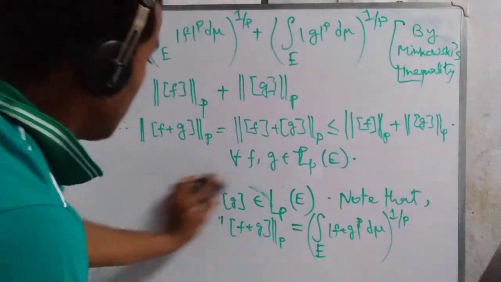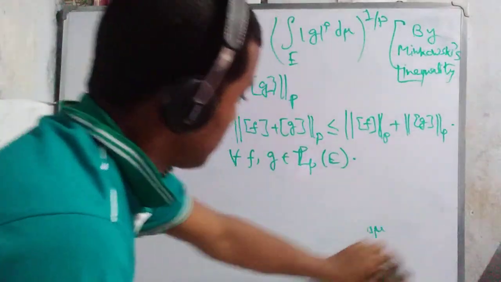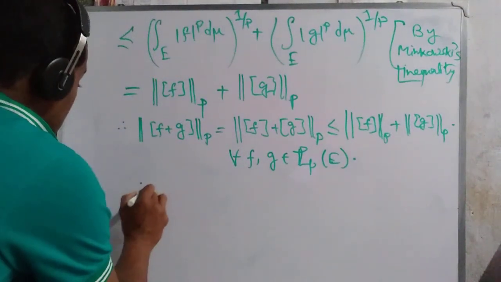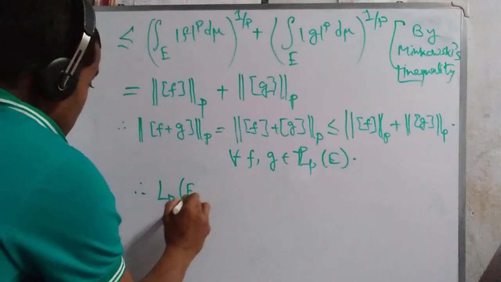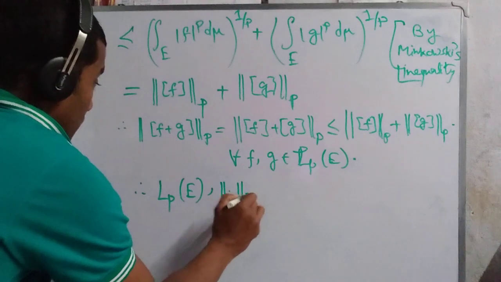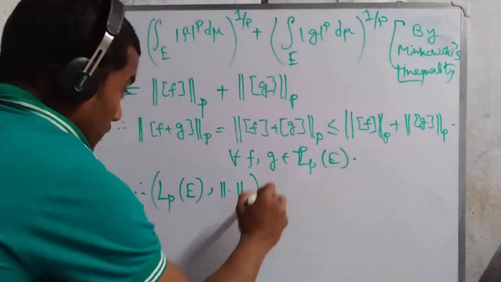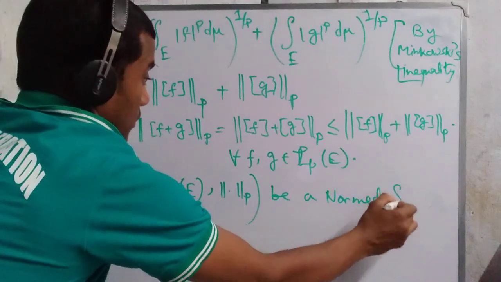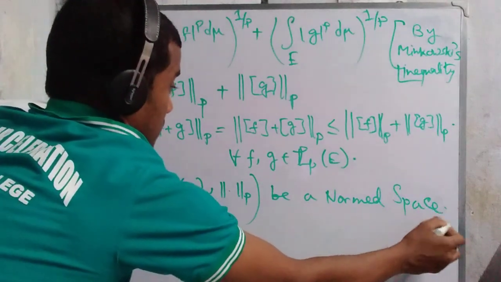We get here L^p(E) with norm p is a normed space.